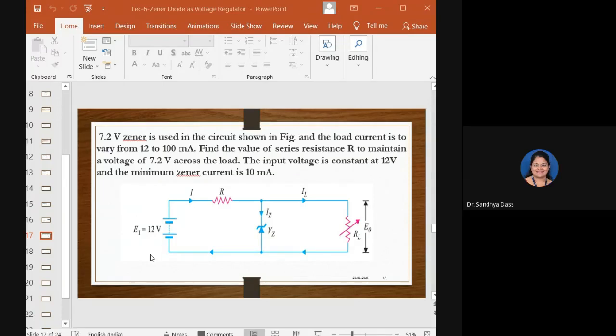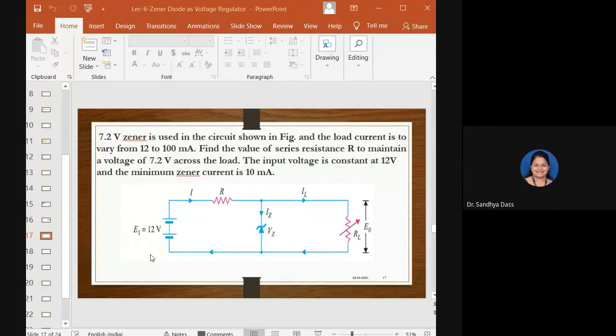Take the question, try to solve that. The question asked here is you have to find the value of the series resistance, the resistance that has to be connected in series with the Zener diode in the circuit.